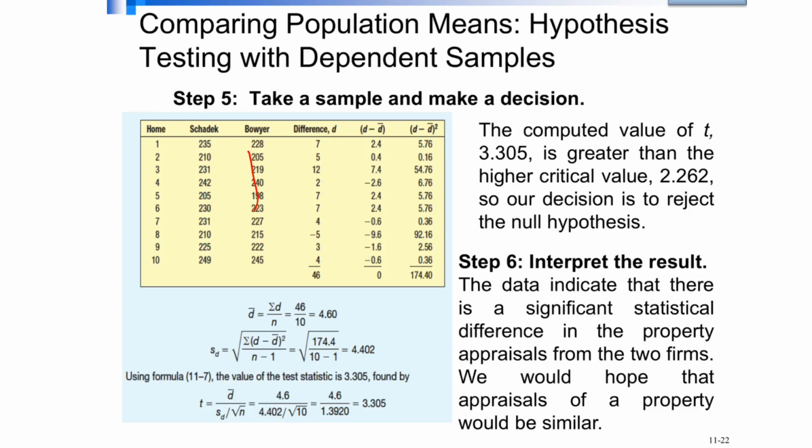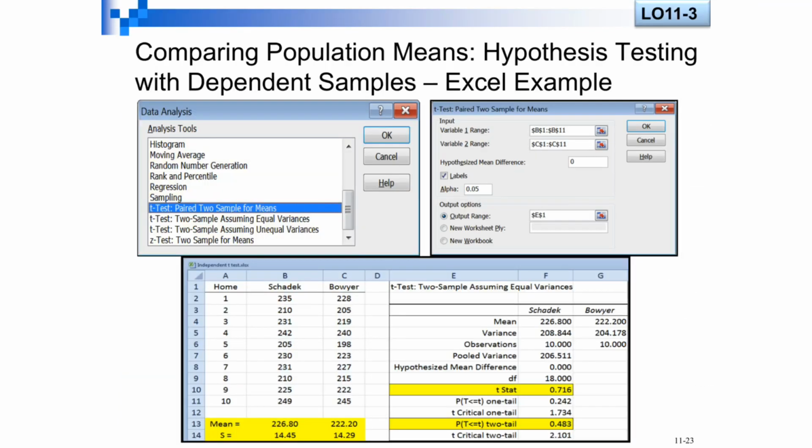So because here 3.3 is greater than the critical value that we have, it means that it is in the rejection area, we reject the null hypothesis. What does it mean? The data indicate that there is a significant statistical differences. We reject the null, so it means that we accept the alternative hypothesis. It means that there is a differences, right?